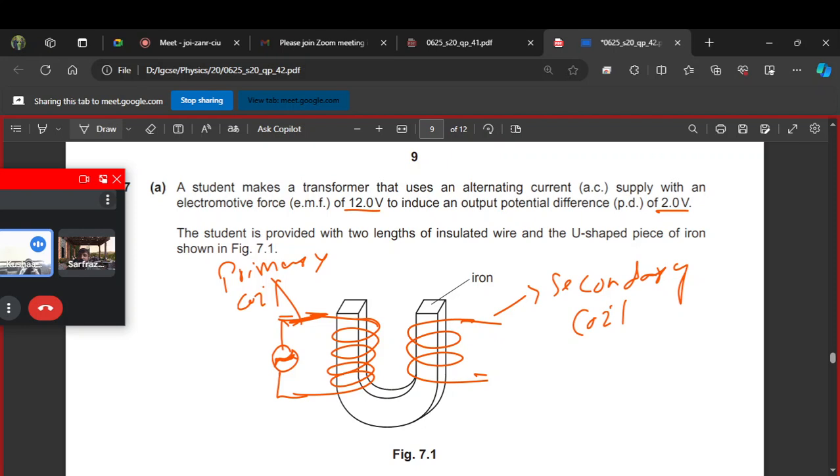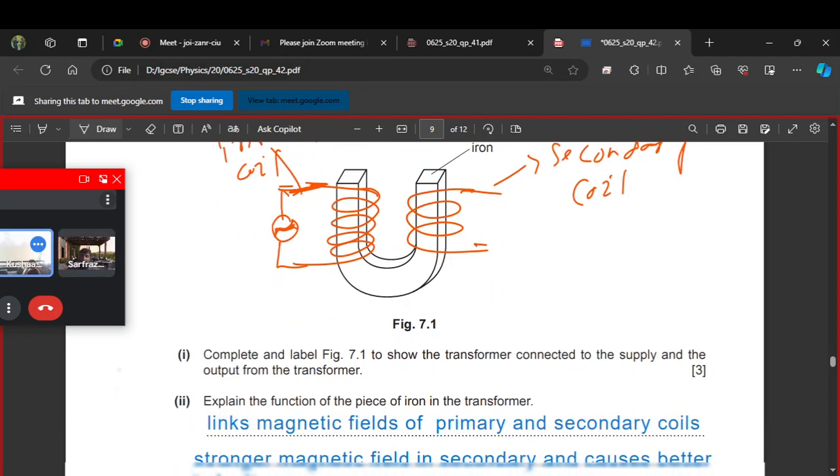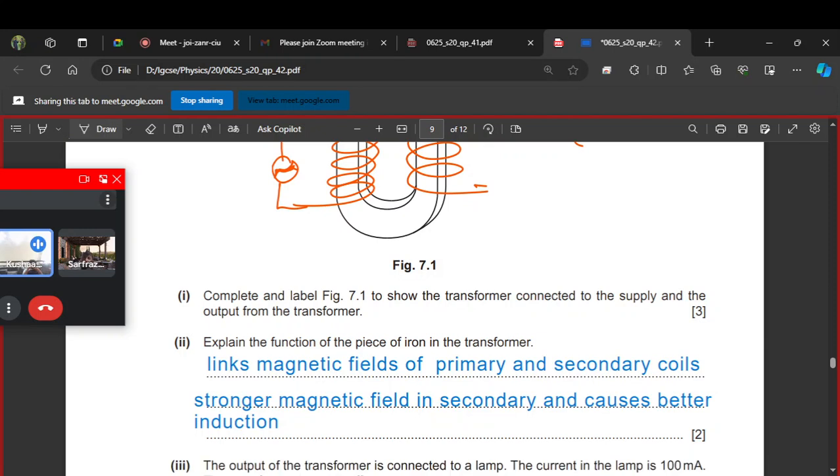Okay, next question. Explain the function of the piece of iron in the transformer. So what does iron do here? The iron, what's it called? Conducts the electricity. Yes, iron. No, it does not. Actually, iron supports the process of electromagnetic induction.